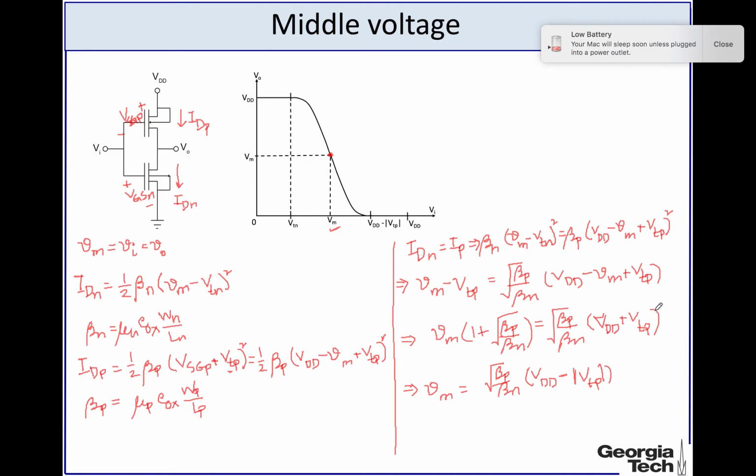There was one VTN here, so we just add VTN, all over 1 plus the square root of beta P over beta N. So this is the expression for VM.